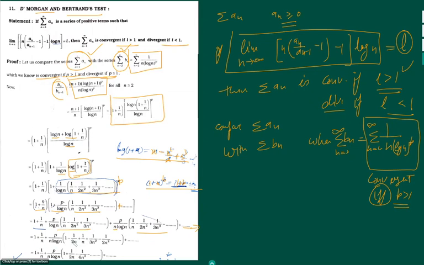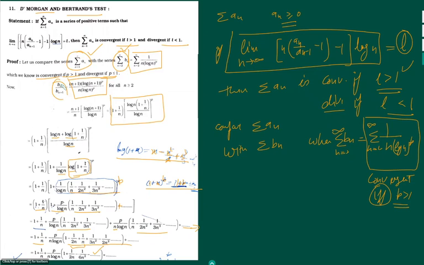Alright, so this is equal to 1 plus 1 over n, p over log n, p over n log n we have taken common, and what remains is 1 minus 1 over 2n plus 1 over 3n square, and so on. So it is 1 plus 1 over n, p over n log n, 1 plus other terms. Alright, so we have reached here.